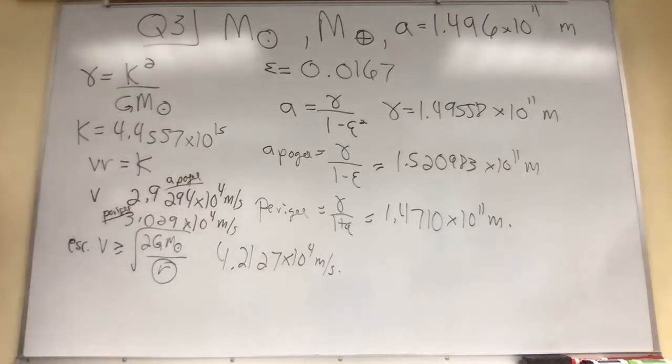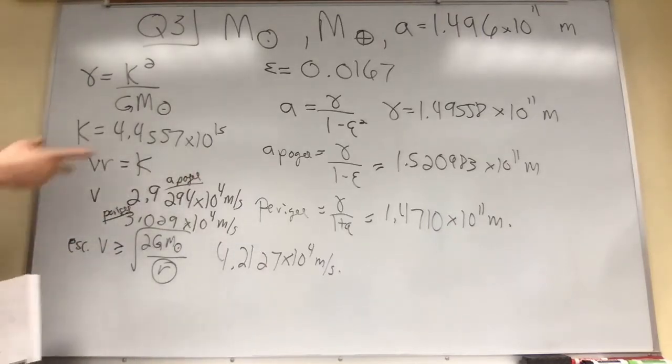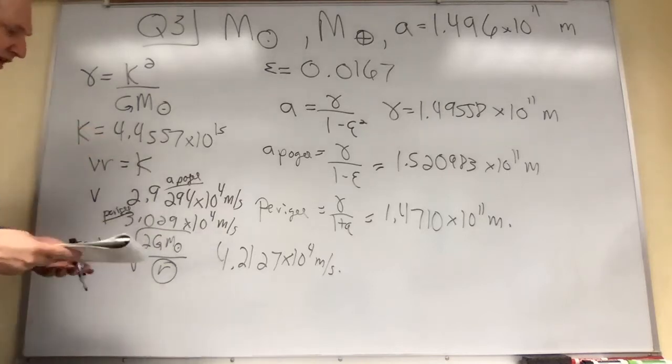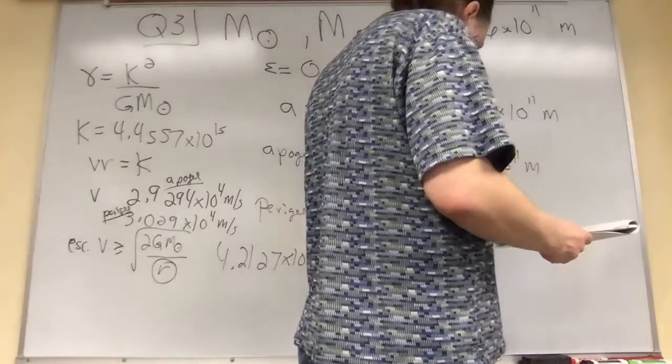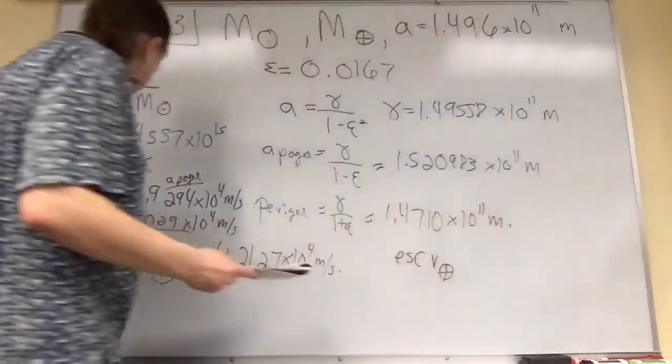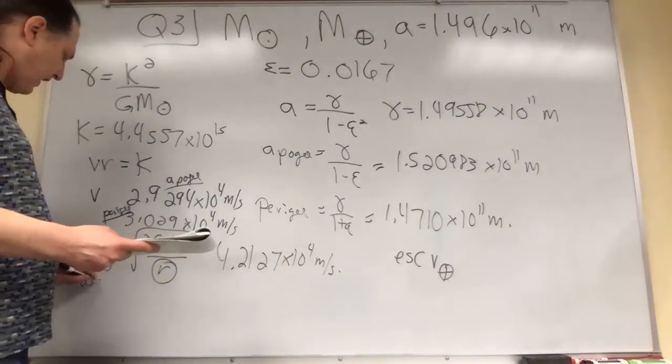And so you pick 2 of these, and then there's also the escape velocity from the sun at the Earth.